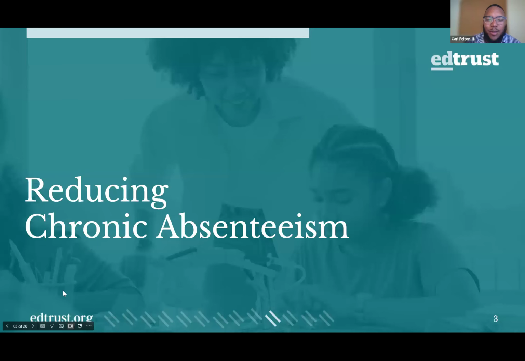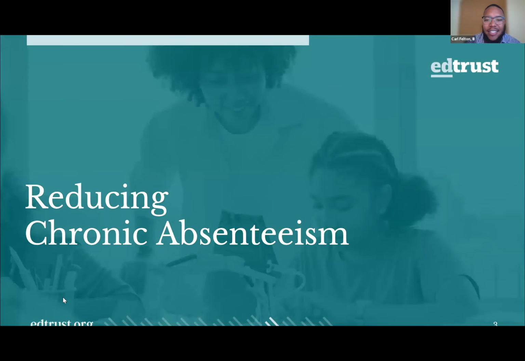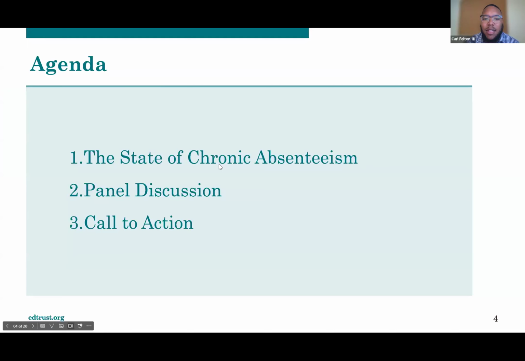Awesome. Thank you, Shana, for the wonderful introduction and guiding us into this space. For those who don't know me, my name is Carl Felton III, and I'm a policy analyst here at EdTrust, focusing on SEAD issues such as chronic absenteeism, discipline, family engagement, and a variety of other intersecting areas. Today, we're going to discuss reducing chronic absenteeism. I want to start by sharing with you all where we'll be going today.